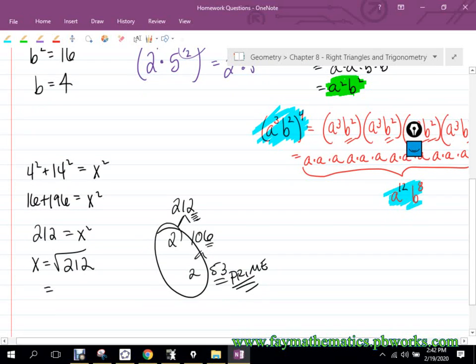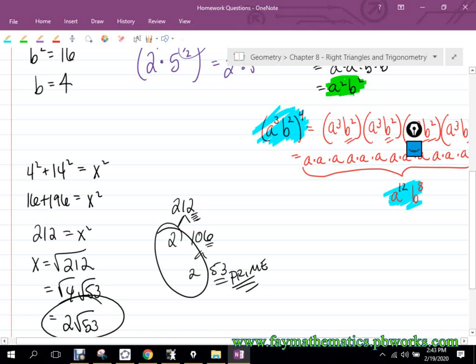It's basically that right there that I just circled is showing me that radical 4, or 4 itself, is the largest perfect square that divides 212. So this would look like maybe radical 4 times radical 53, but we can change that radical 4 to 2. And that's the answer that we're looking for.